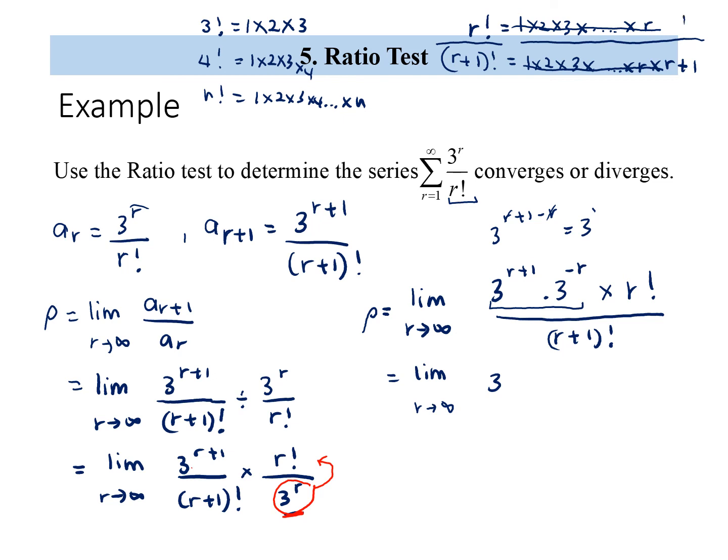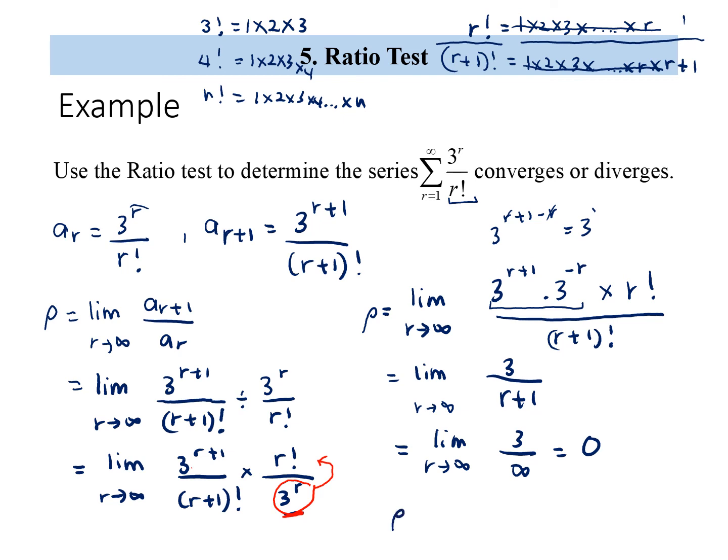So here it becomes 3 over r plus 1. Substitute r with infinity, we will have 3 over infinity, which is equal to 0.